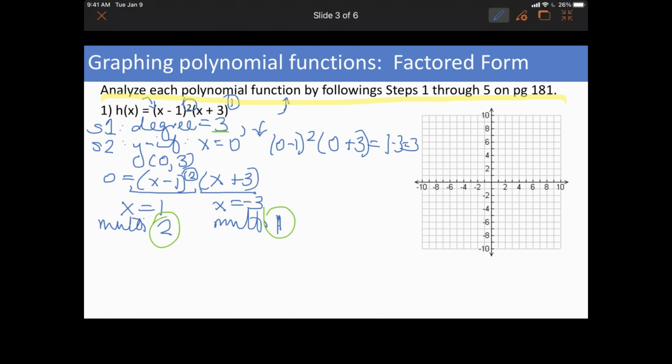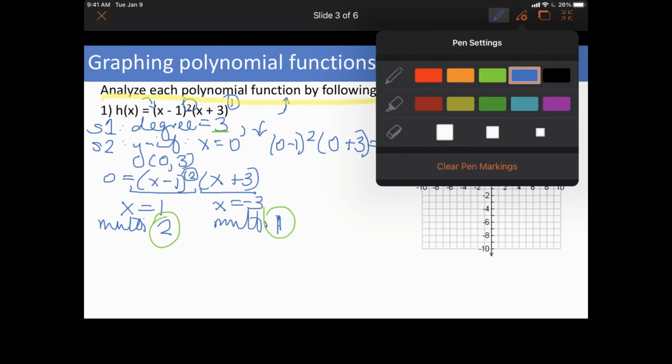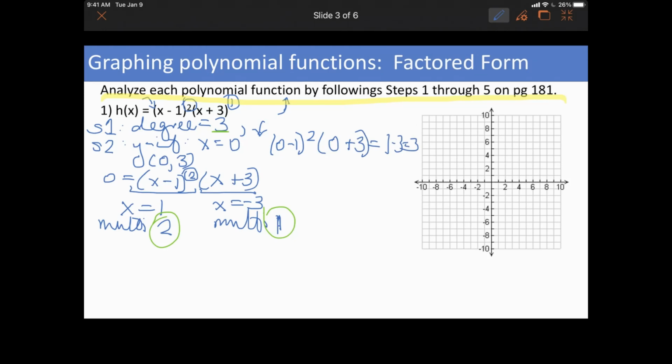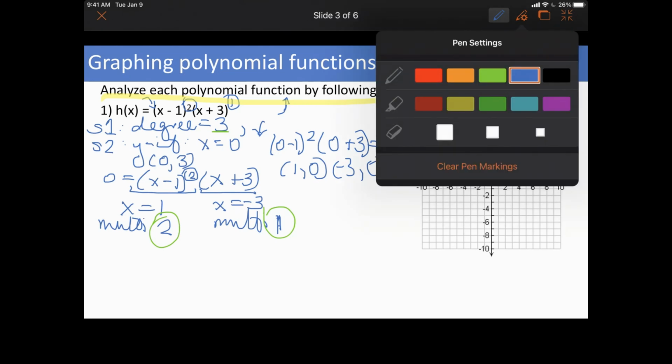Okay. So step 3, determine the zeros. Oh, I just did that. So the x-intercepts you write as a point, so that would be (1, 0) and (-3, 0). And here, so this is step 3 here.